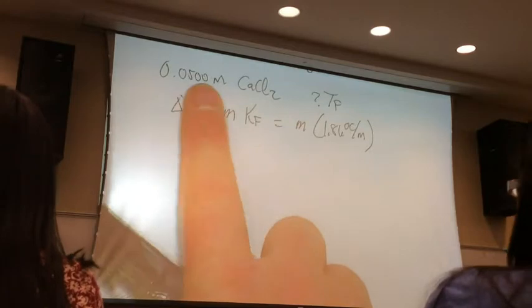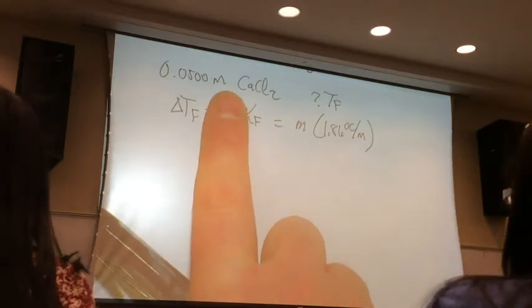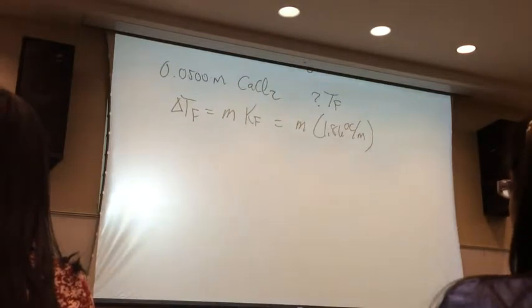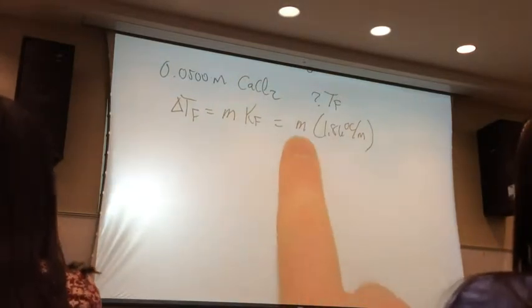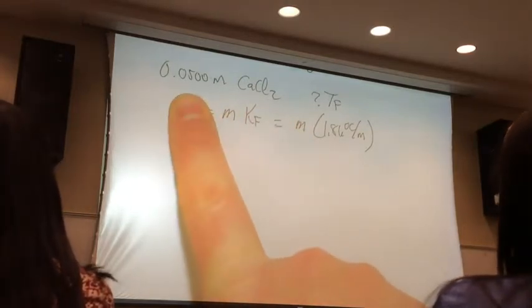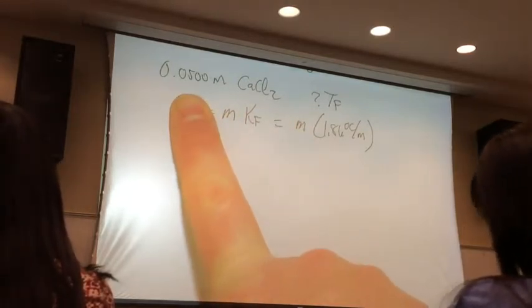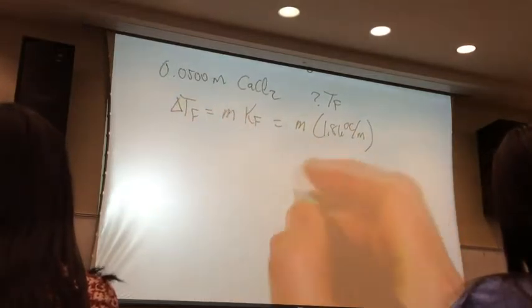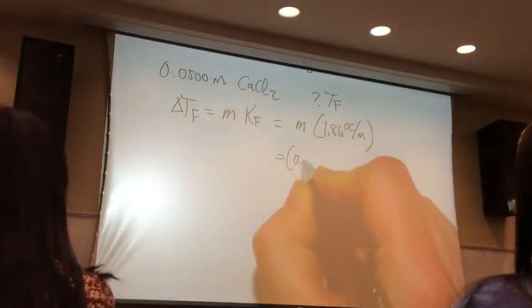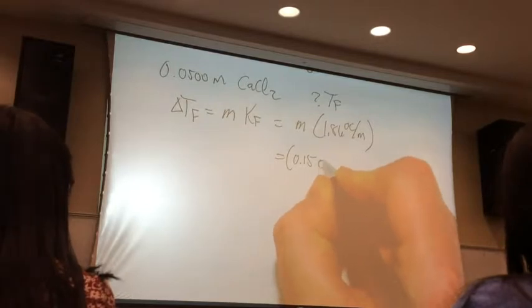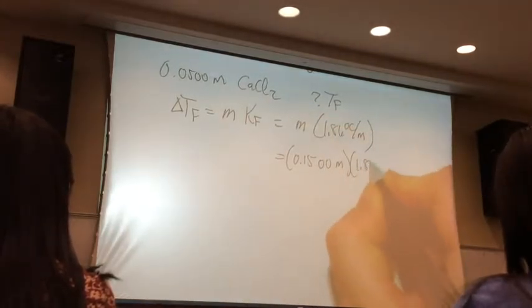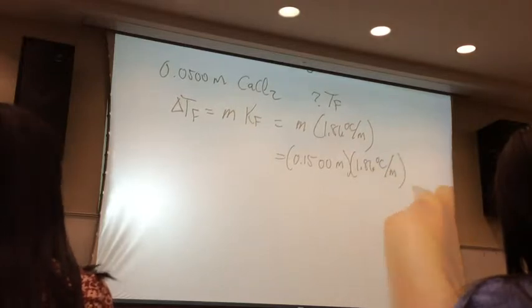But what we assume for this is that calcium chloride will dissociate into how many ions? 3. So your concentration here won't be 0.05 molal, it'll be 0.15 molal. So this is going to be 0.15 molal times 1.86 degrees Celsius per molal.